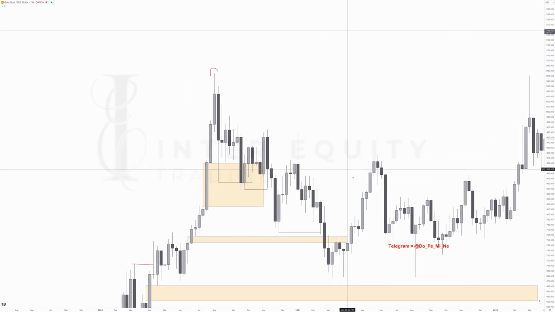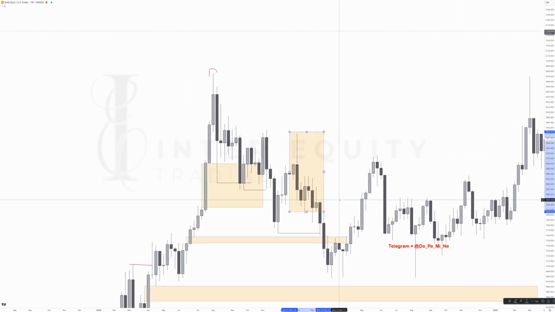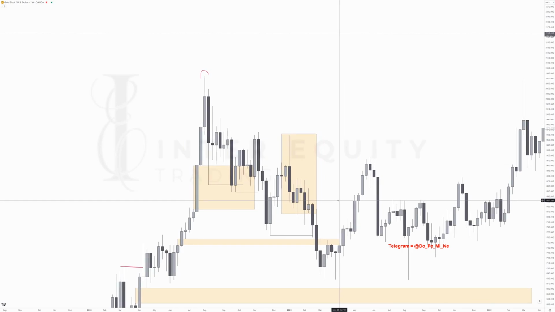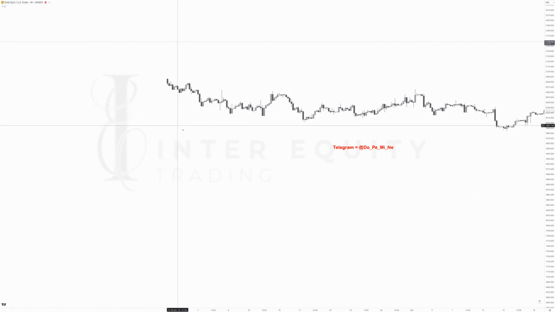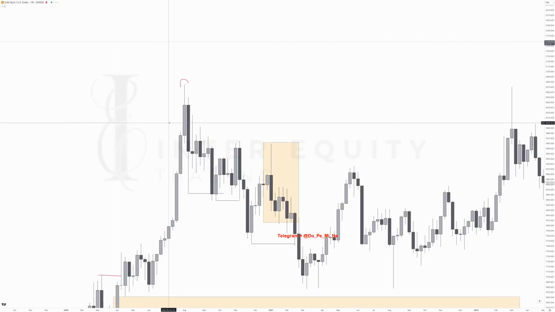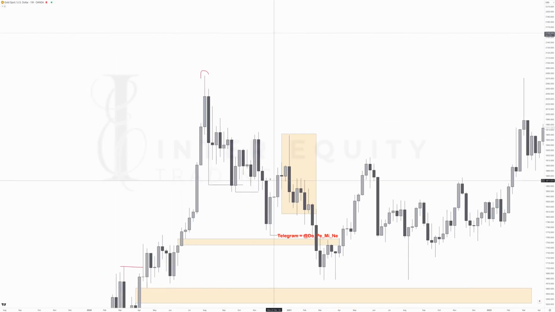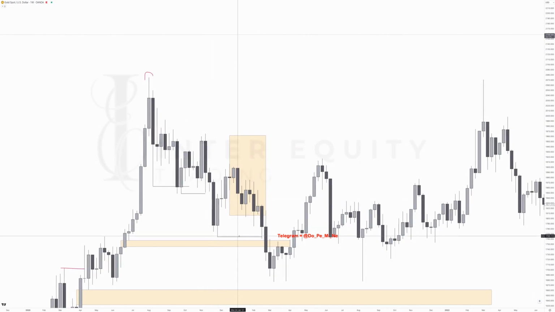So if you look at this area right here on the 4-hour time frame, for example, let me just erase these. Actually, let me go back to the weekly. Okay, let me just delete these.